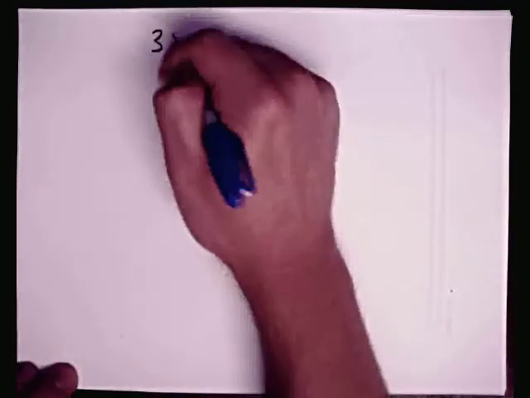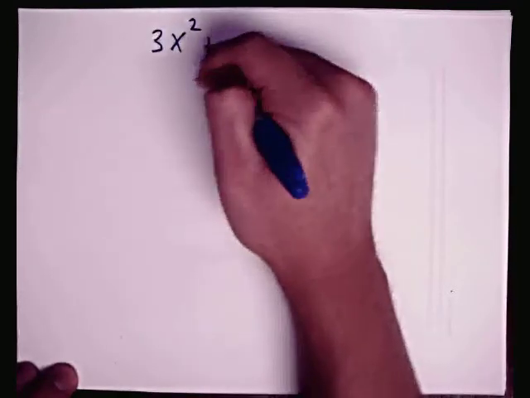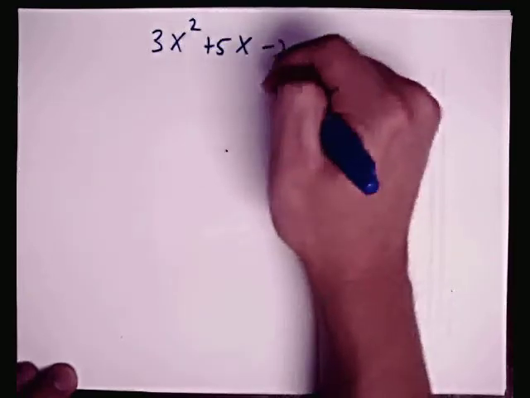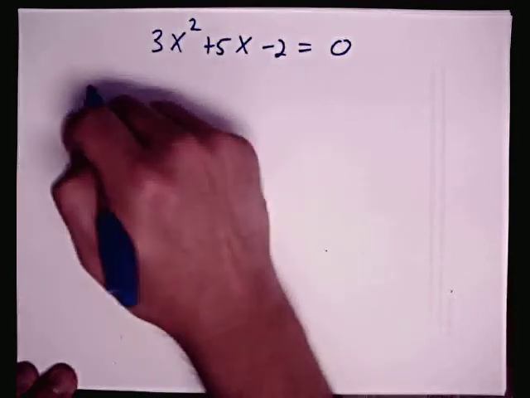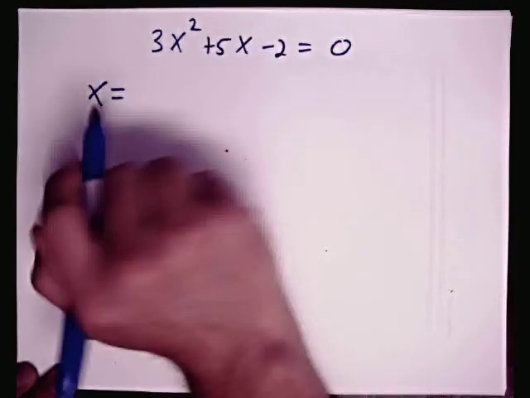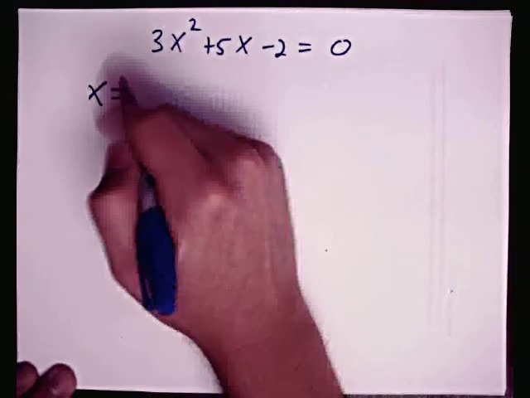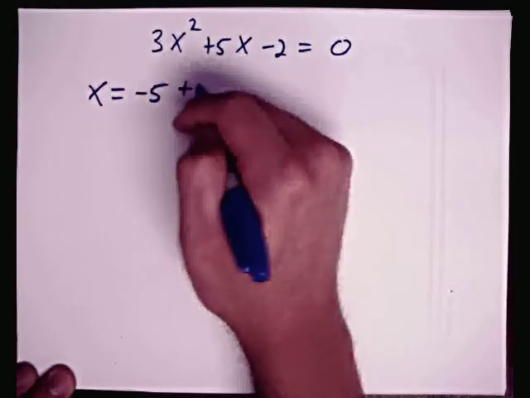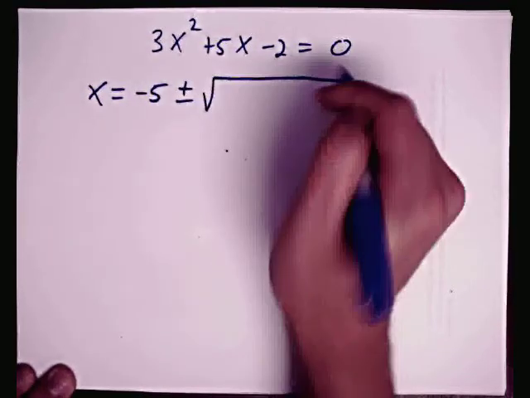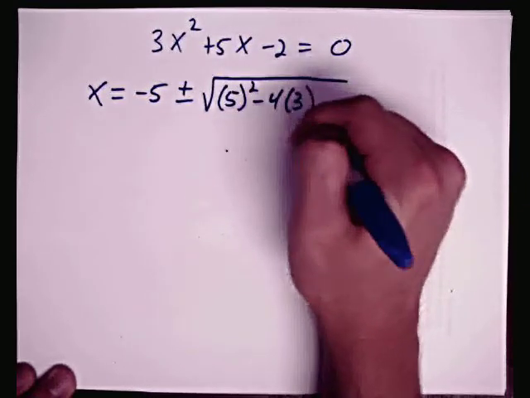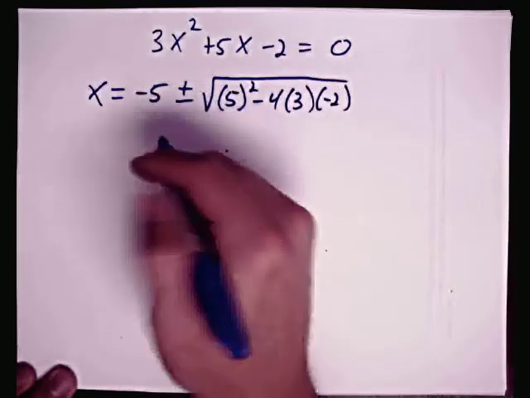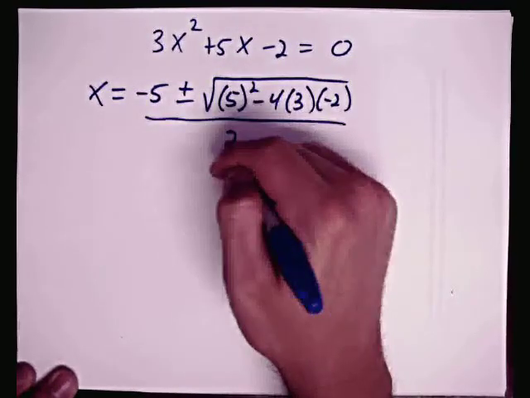Okay, and example 5c, 3x squared plus 5x minus 2 equals 0. So quadratic formula, our solutions for x equals opposite of b, -5, plus and minus the square root of b squared minus 4 times a times c, all over 2 times a.